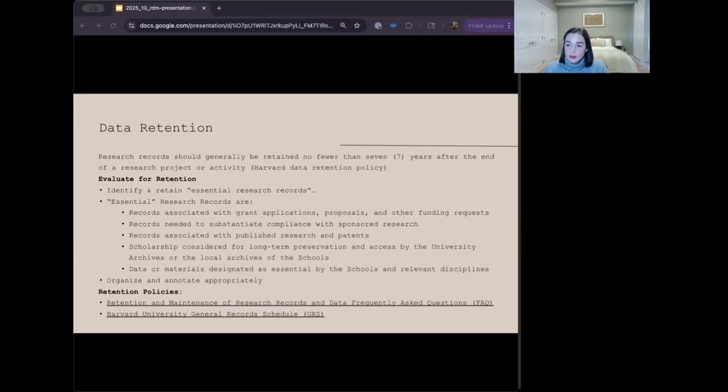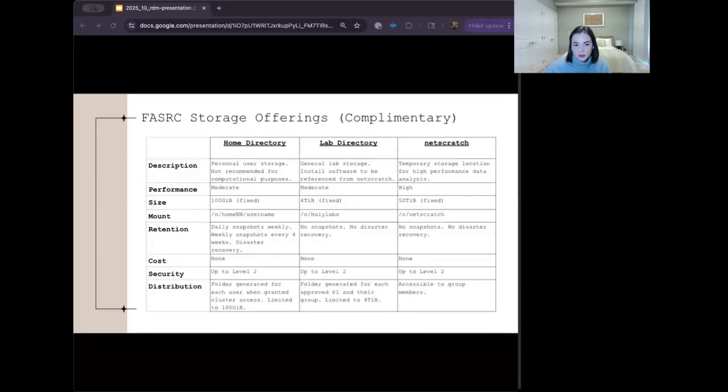This is data that's integral to substantiating grant applications, published research, patents, or other funding requests, or those records that are considered for permanent retention by the archive. If it falls outside of these guidelines, it does not need to be retained. The 7-year retention policy applies to essential research records. Outside of that, the data can get deleted.